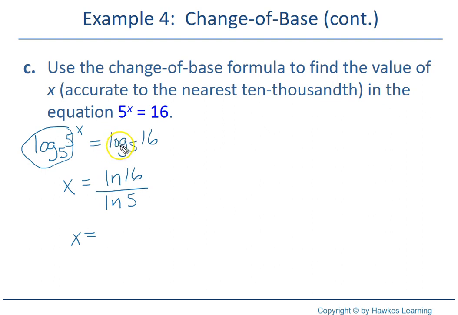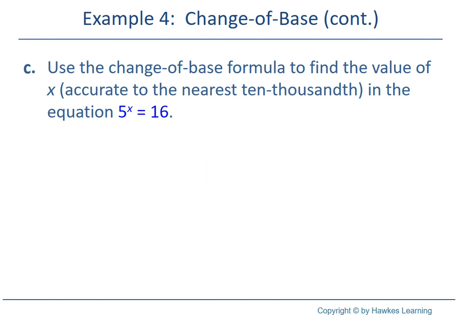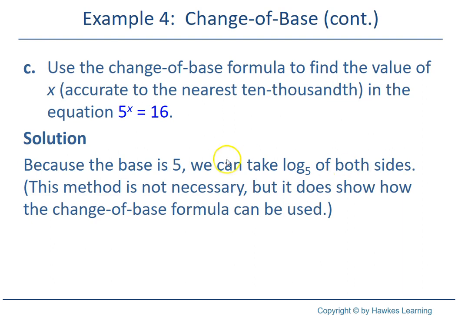So the natural log of this 16 divided by the natural log of 5, put that in your calculator, and it gives you your answer. So kind of some tricky stuff going on here. Let's take a look to see where things are going here.